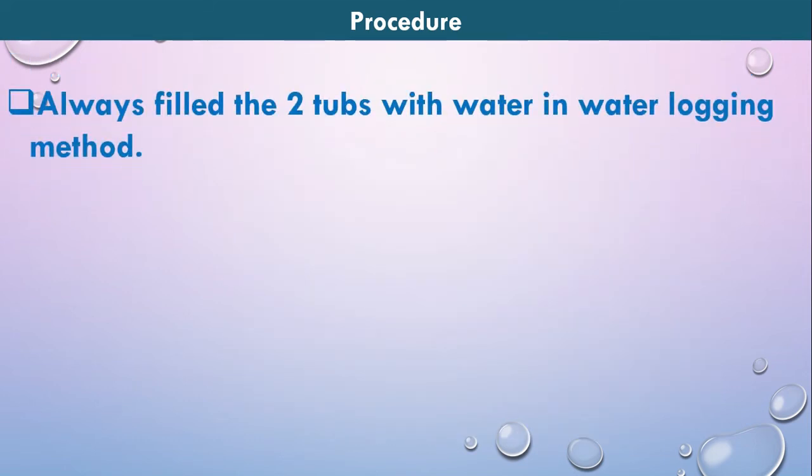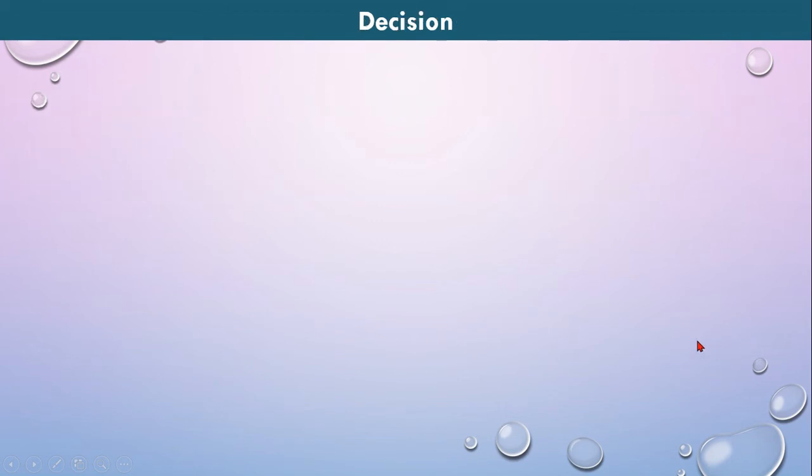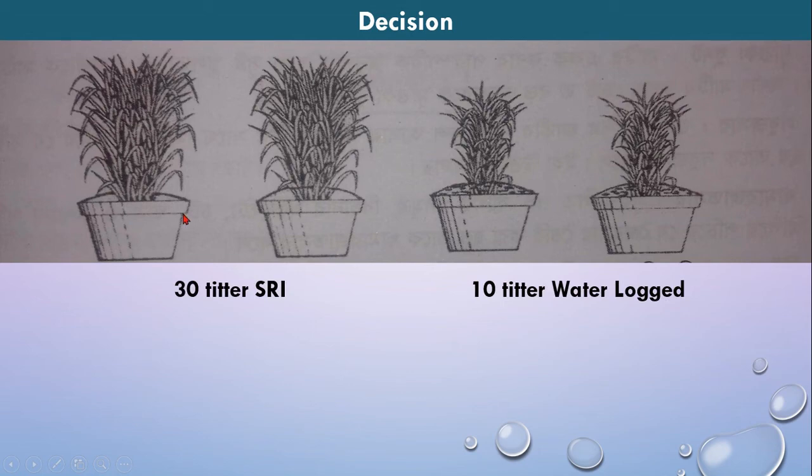Then always fill the other 2 tubs with water in waterlogging condition, that means the flooded method in the traditional system. And then a decision was taken after observing for some days. Here is the result. The first 2 tubs are for the SRI method and the next 2 tubs are for the traditional method, where you fill up the water in waterlogged condition.